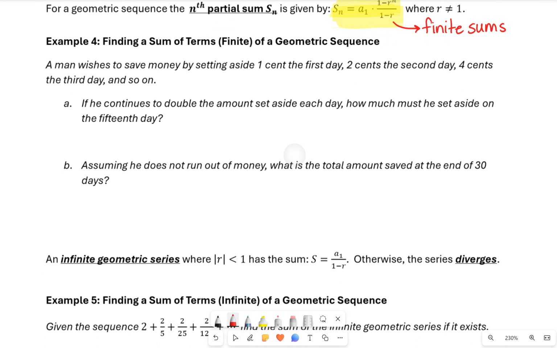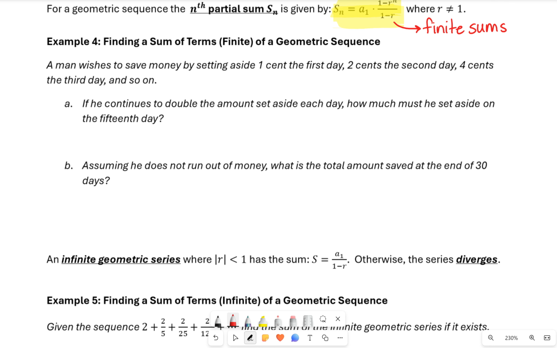A man wishes to save money by setting aside 1 cent the first day, 2 cents the second day, 4 cents the third day, and so forth. If he continues to double the amount of money set aside each day, how much must he set aside on the 15th day?